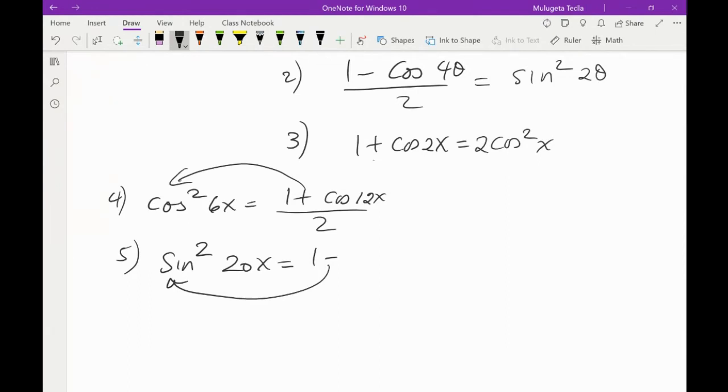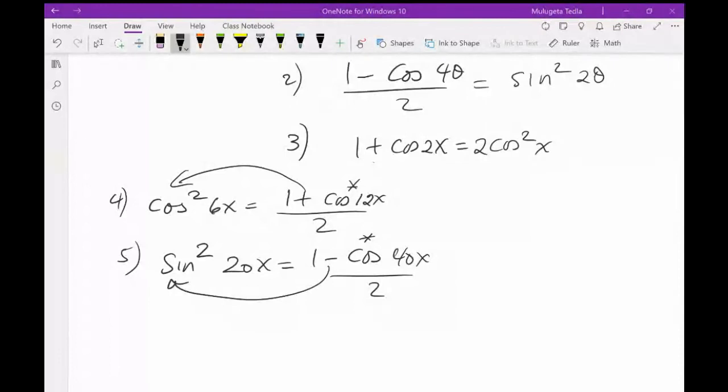It's plus only if it's cos. Okay? 1 minus cos. Both of them have cos. And double the angle, 40x, over 2. Thank you.